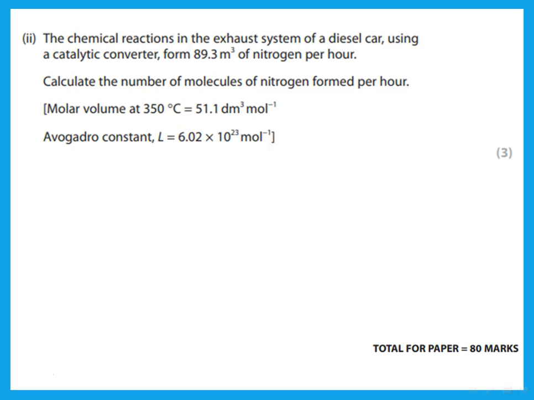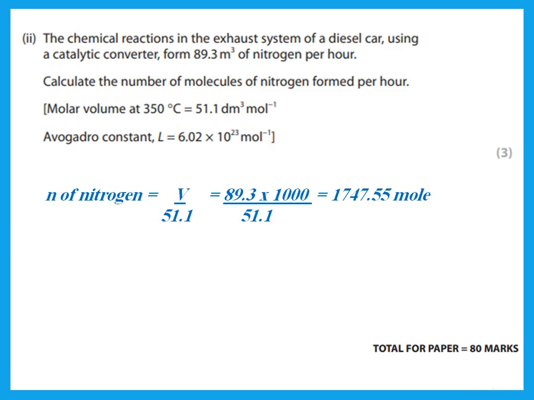So in order to get this, we need to get the number of moles first. So the number of moles, please notice, usually we say the number of moles is volume over 24. But he's given me information there that says molar volume at 350 degrees Celsius is 51.1. So it is not volume over 24.